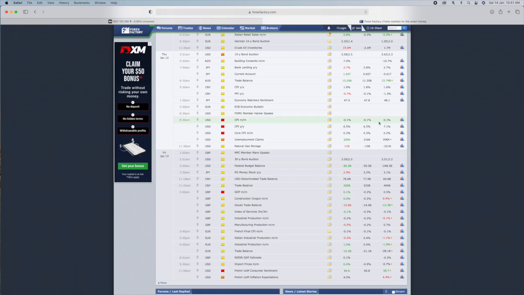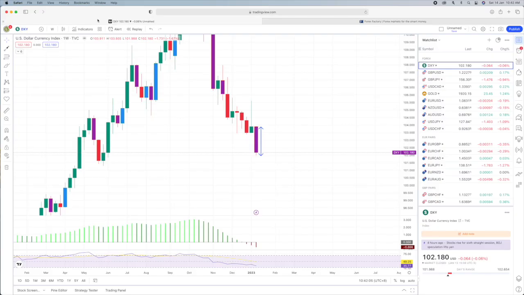It actually went down month on month from the previous result. That's why, like I explained in the previous analysis, the dollar could become weaker for the time being if the CPI comes like that.